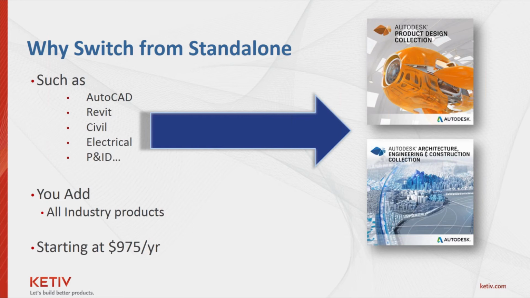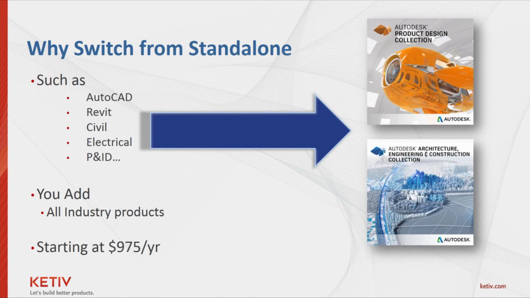So if you're using AutoCAD today and you decided, well, I'd like to start using Revit at some point, the fee to switch to that starts at $975. It does depend where you're coming from, what you have exactly, but talk to us and take advantage of this switch that we have today. You're going to add a whole lot more value for a very small cost.